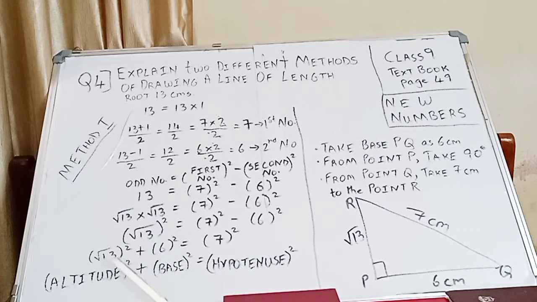This can be written as altitude square, this as base square, and this as hypotenuse square. So we have got a right angle triangle wherein the base is 6 centimeter and the hypotenuse is 7 centimeter. Automatically we'll get the height or the altitude as square root of 13.